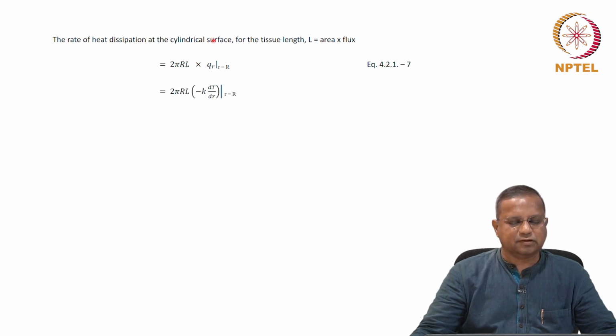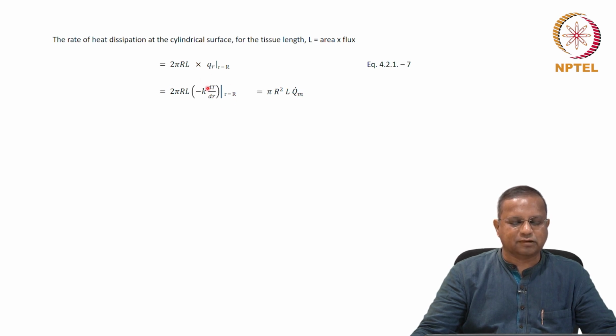And this is nothing but minus k dT/dr at r equals R. This is the flux from Fourier's law, one dimension. That is nothing but pi R squared L qm dot.